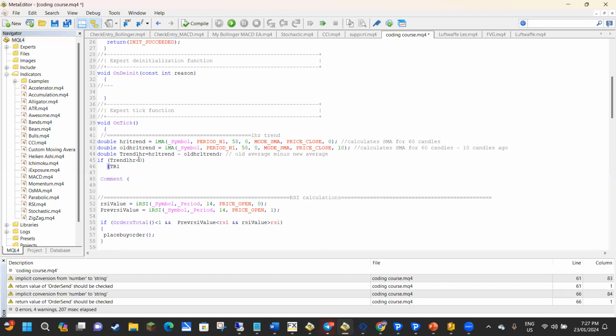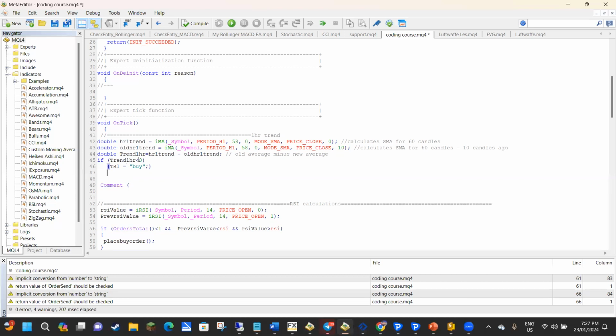TR1 will equal buy. Else, TR1 equals sell.